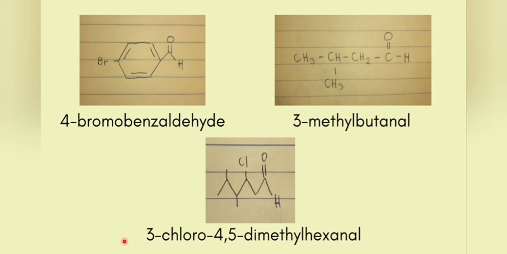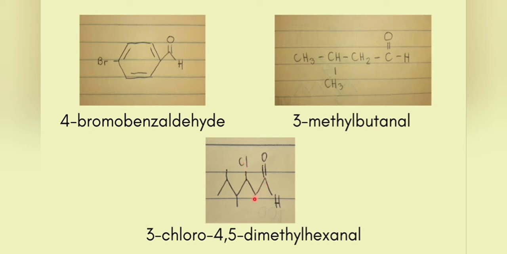And for this last example, 3-chloro 4,5-dimethyl-hexanol. So we would start counting from here. 1, 2, 3, 4, 5, 6. Thus giving the name hexane. E replaced with Al for the carbonyl group. And 3-chloro because the chlorine was discovered on the third carbon.